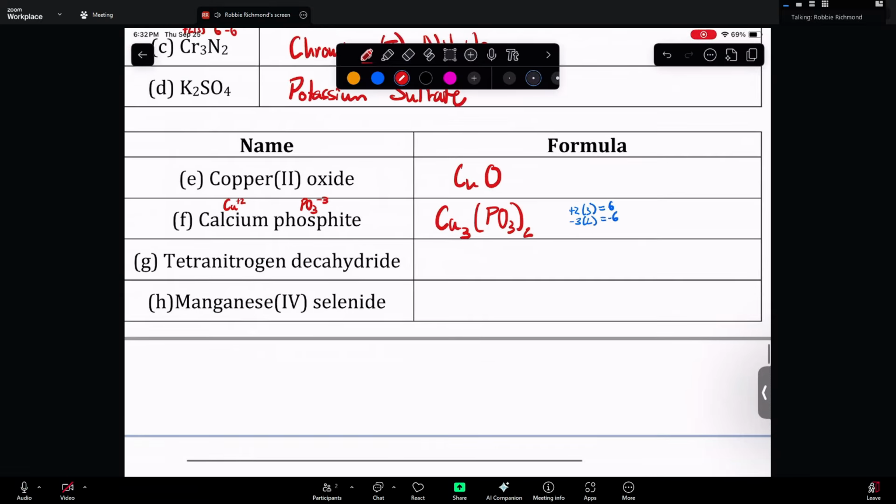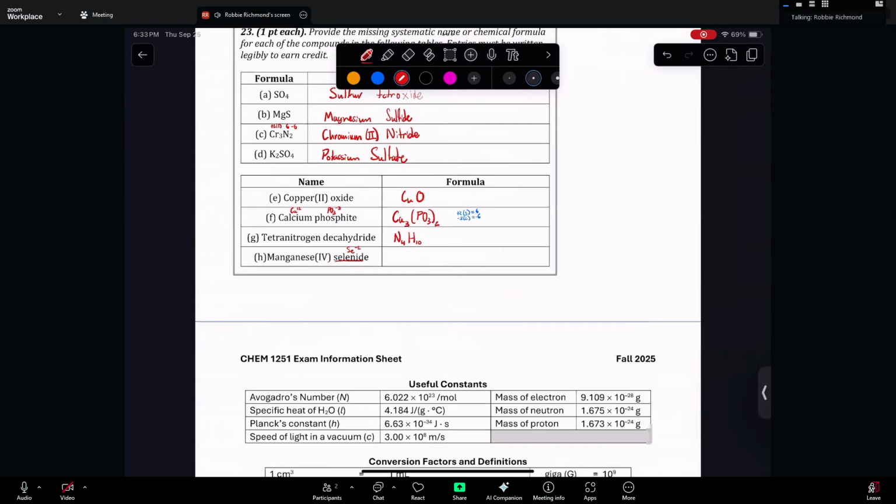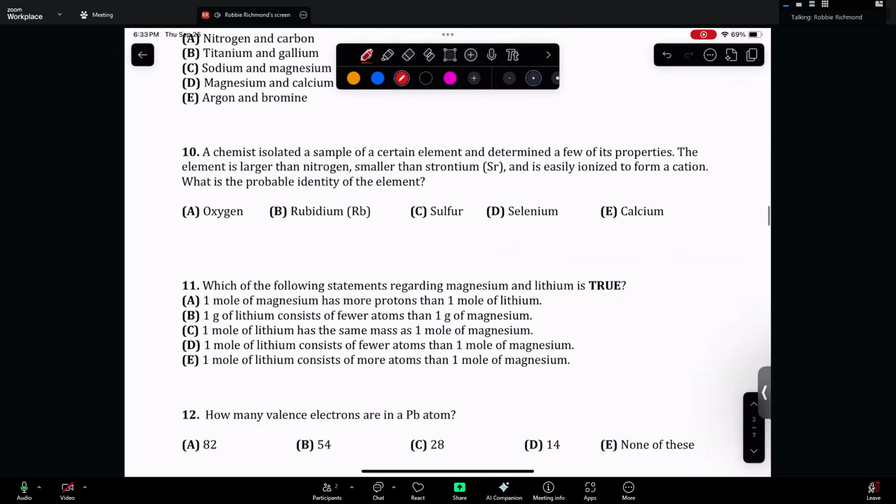Cool. Tetranitrogen decahydride. This is going to be a molecular compound. So we just put 4 nitrogens and 10 hydrogens. Cool. Selenium, Se, that's going to have a -2 charge, and figure that out by looking at our periodic table.